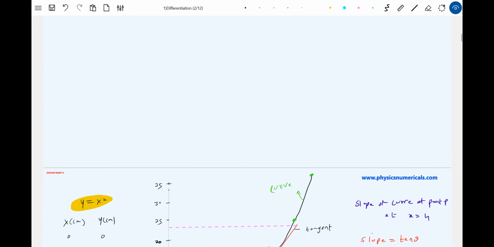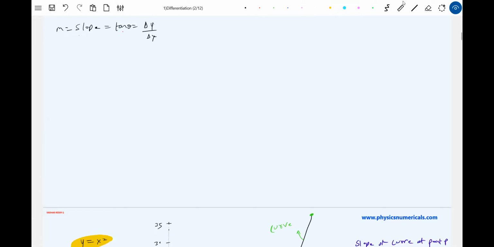So what I mean to say is, you draw a tangent at various points. So how to draw a tangent? Here you draw a line. Here you draw a line. So look at this. What's happening to point P1?